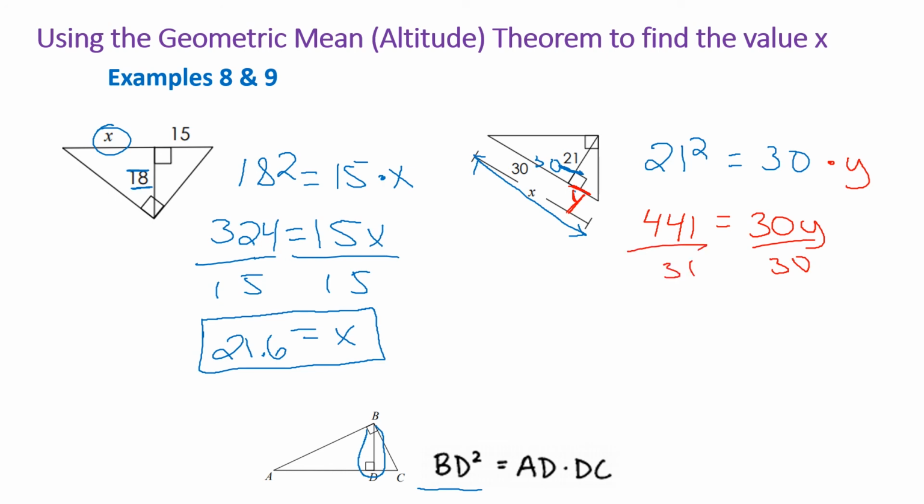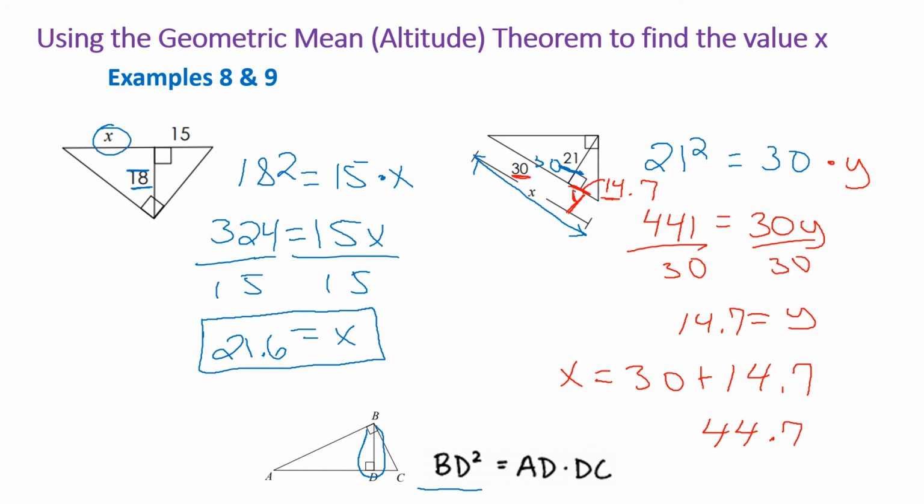Solving for y, 441 divided by 30 is 14.7. So we've gotten 14.7 for this length right here. So x is basically 30 plus that 14.7. It's a little different there, but we still use the same theorem. And that is equal to 44.7.